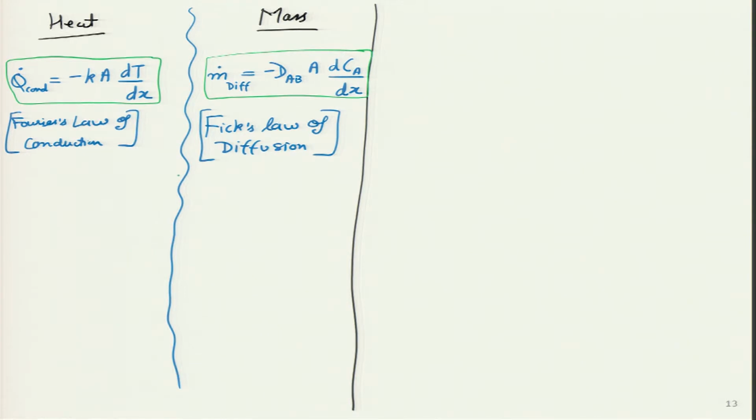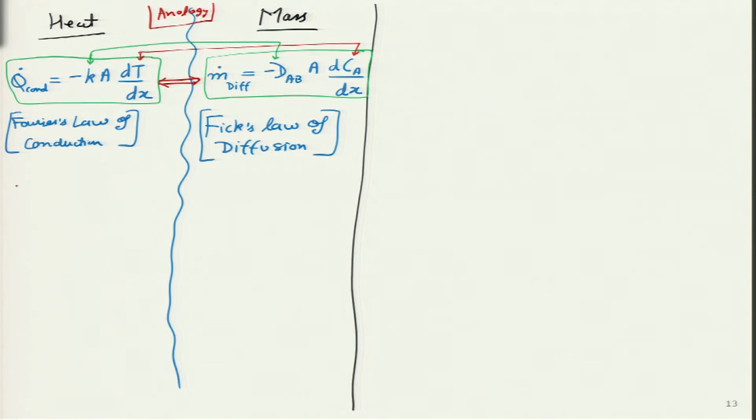There is a flow quantity on the left side, here it is heat flow, here it is mass flow, then there is a constant over here where K is kind of similar to D, and then there is a gradient term where T is kind of similar to C. So, both are very similar equations. That is why we are going to make use of that concept called the analogy.